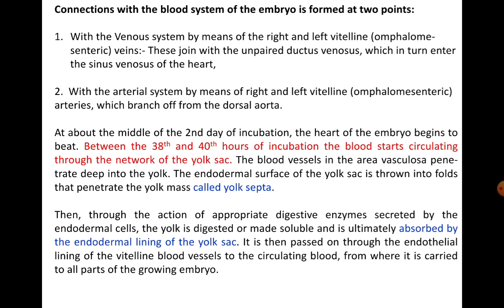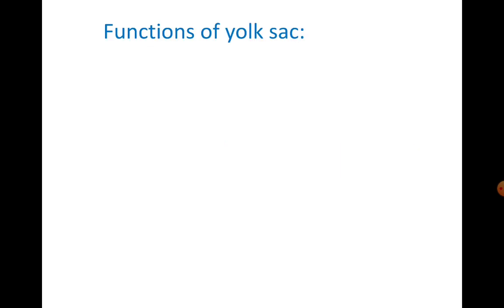It is then passed on into the circulating blood, and from there it is carried to all different parts of the embryo. So this is how the yolk sac formation takes place. Circulation sets in and it helps in the process of digestion and nourishing the embryo.